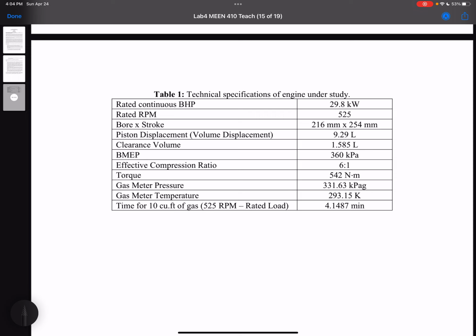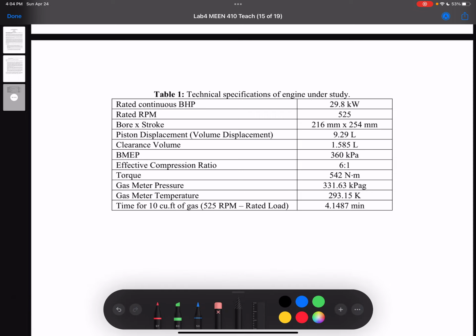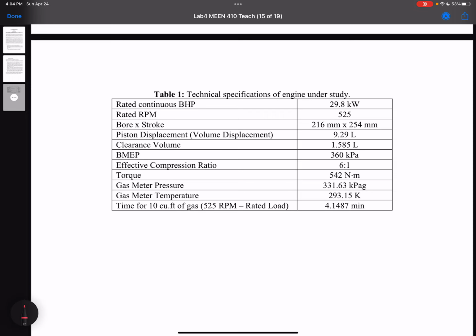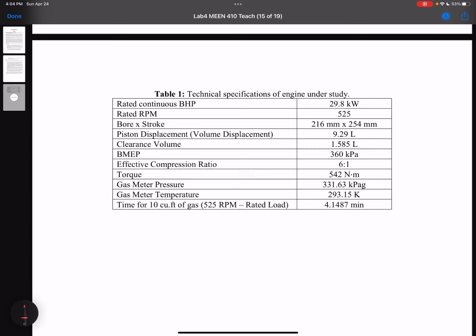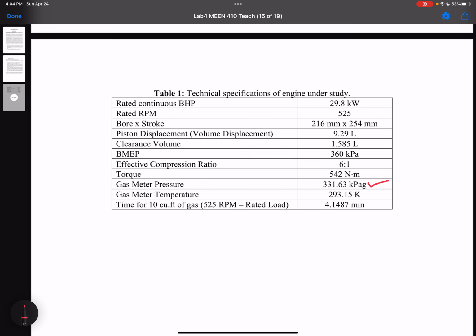Now, the two critical pieces of information that you'll need to know from this table are the gas meter pressure and the gas meter temperature, and the time that it takes to ingest 10 cubic feet of natural gas at rated load, okay?